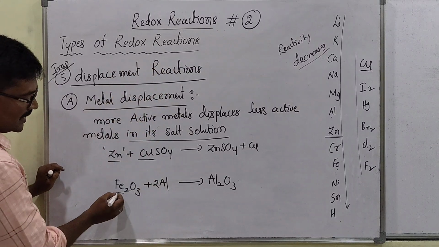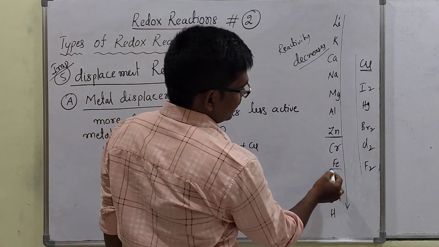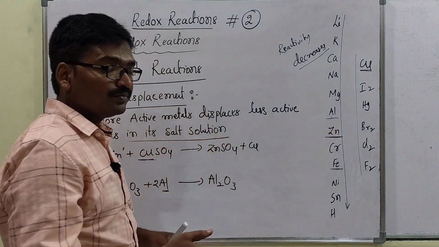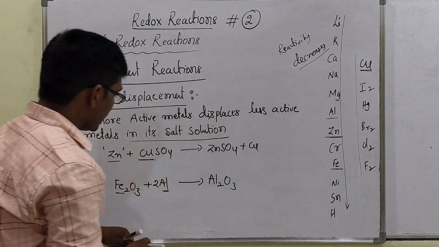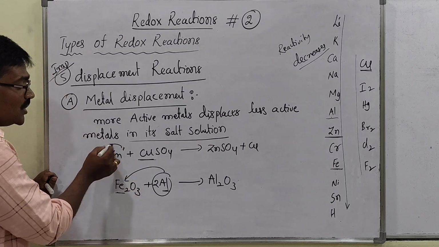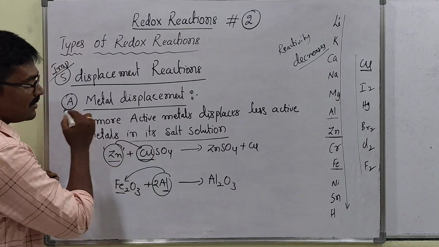Even here, if you take iron and aluminum, you have Fe, iron here, then aluminum here. Observe carefully: aluminum is more active than iron, so aluminum can displace iron. Here zinc is more active, so zinc can displace copper.